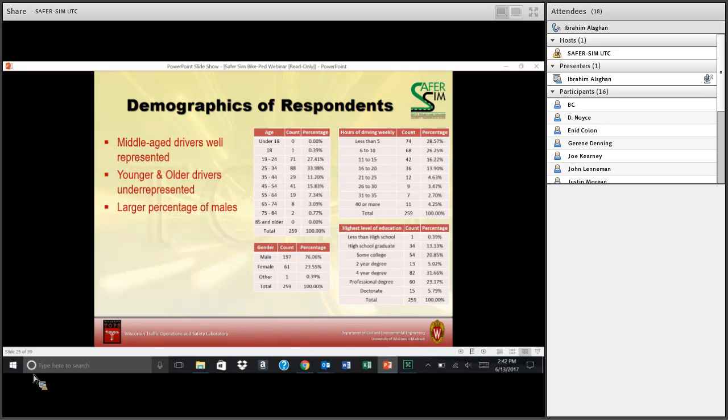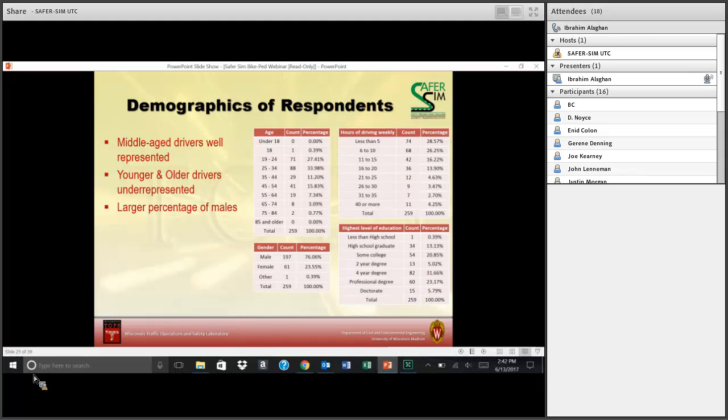Regarding the demographics of responses, for example for age, middle-aged drivers were well represented, but younger and older drivers were underrepresented, and we had a large number of males, almost 76% of subjects were male.